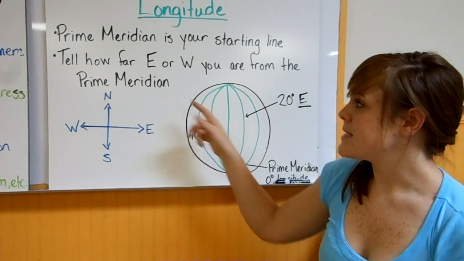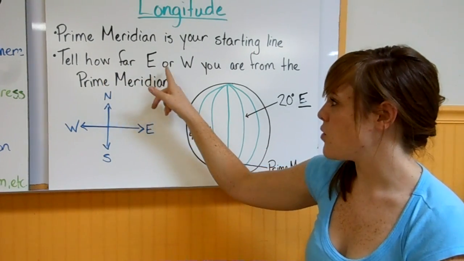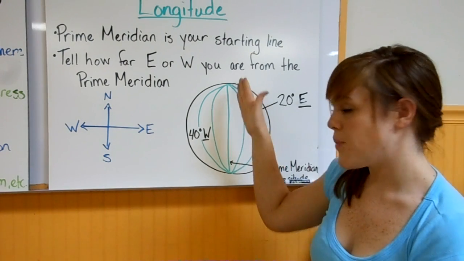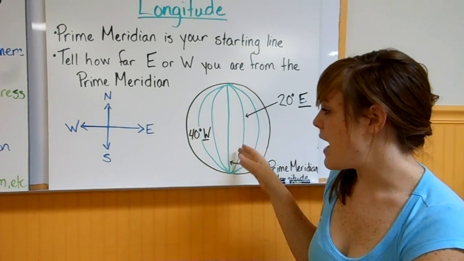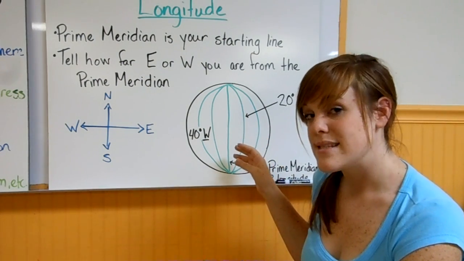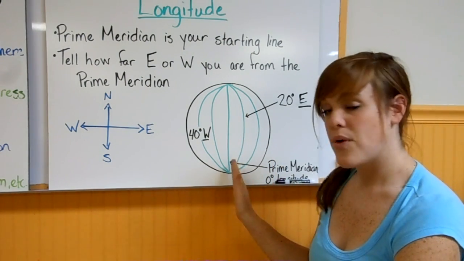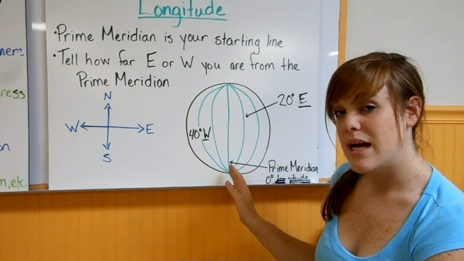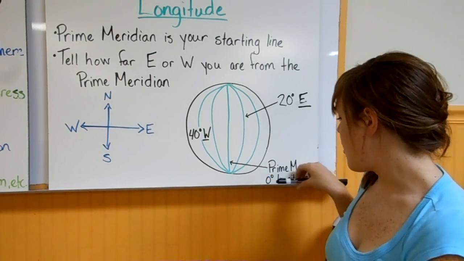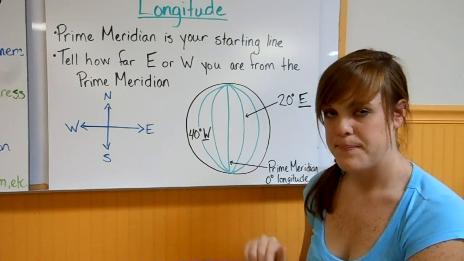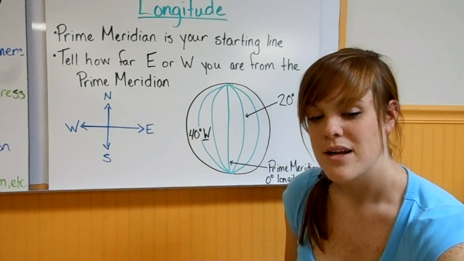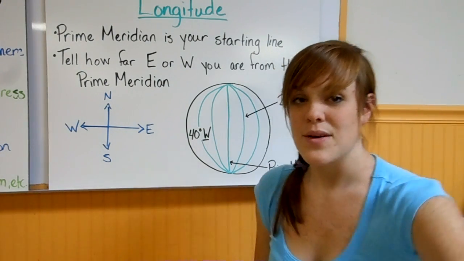Now our meridians tell us how far east or west we are from the prime meridian, so we have to start there. If I asked you to find 40 degrees west, go straight to that prime meridian, that 0 degrees longitude, and then go west, 40. Okay, that is our lesson on absolute location for today.